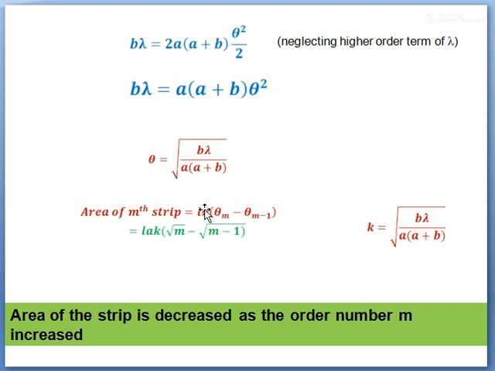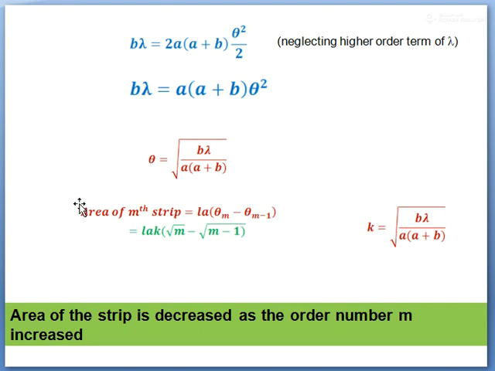So theta m is basically m into root over k, where this k is root over b lambda divided by a plus b. So theta m equal to k here. So theta m equal to root m into k.